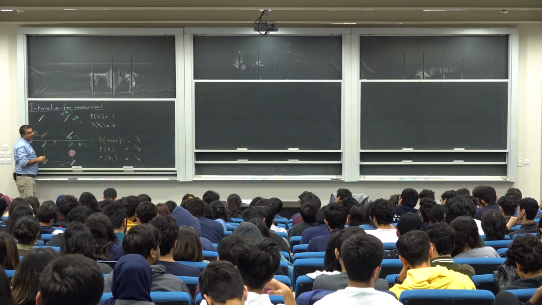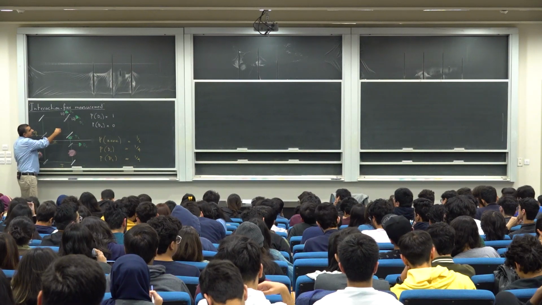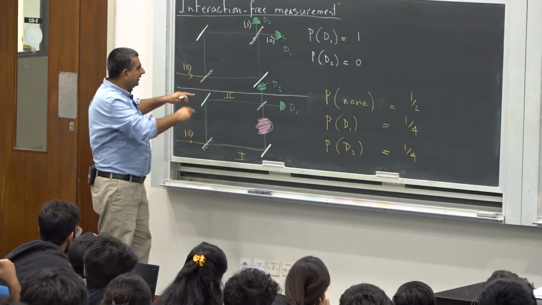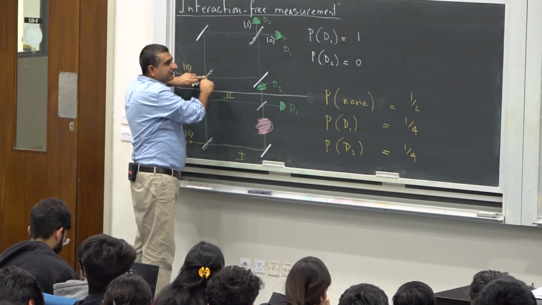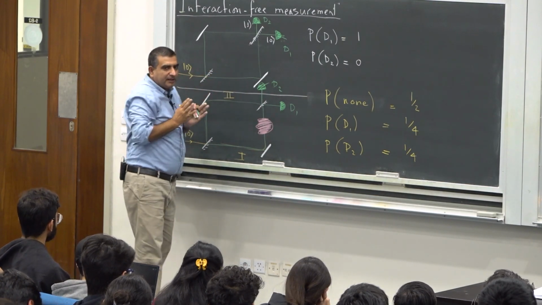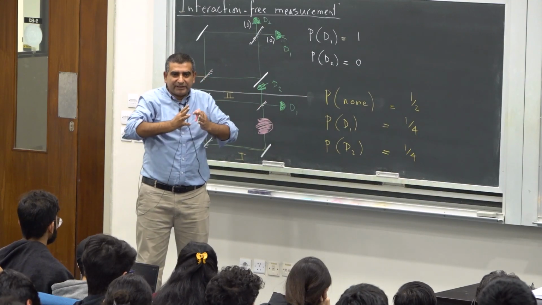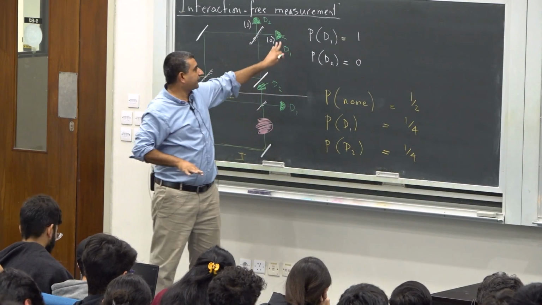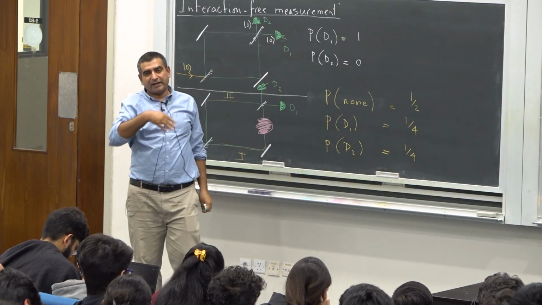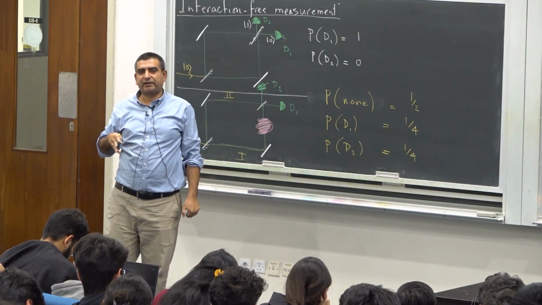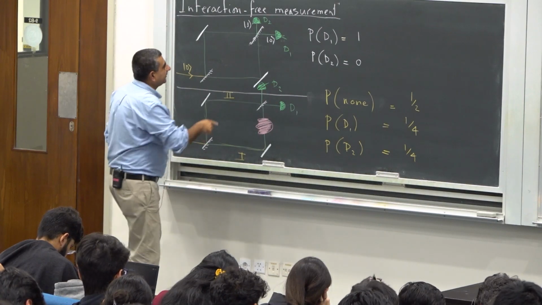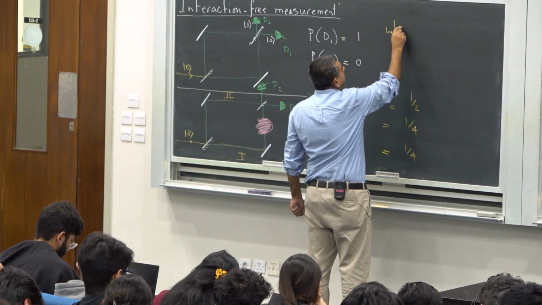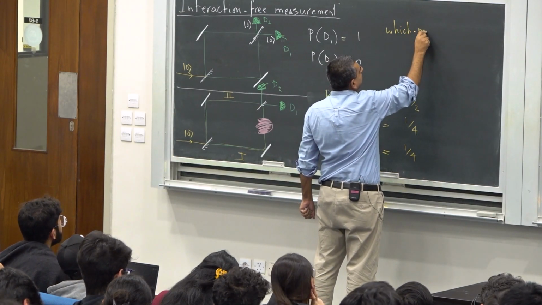In this case, I will explain later that even at one output port, you can see fringes on a screen because you're never able to get these precise pencil sharp beams. The beams diverge. When they diverge, you get a range of path differences. You can actually see fringes if you put a screen at one of the detectors, but I'm going to come to this point later.